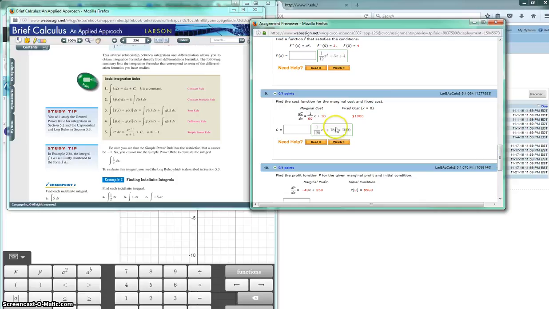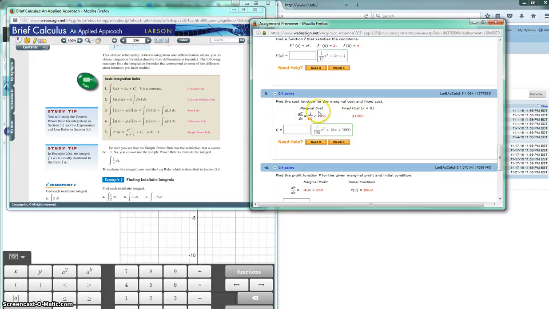I also want to look at number 9. We are given a marginal cost, and it's asking me to find my cost function. So what I would have to do is find the antiderivative. I want to go backwards from this. It's also told me what my fixed cost is. When you're dealing with cost, you have a variable cost and a fixed cost.